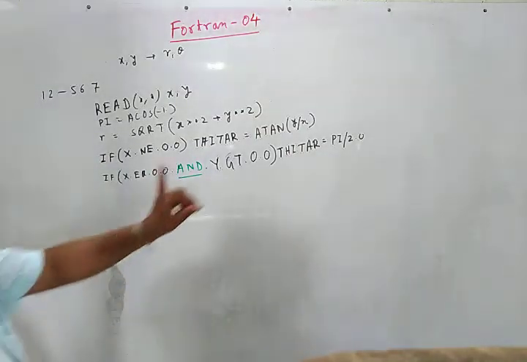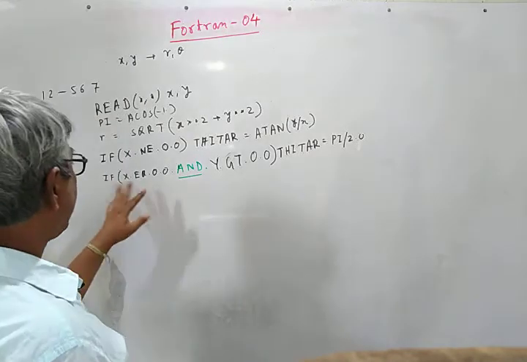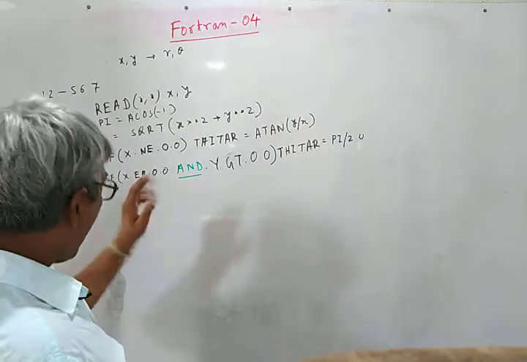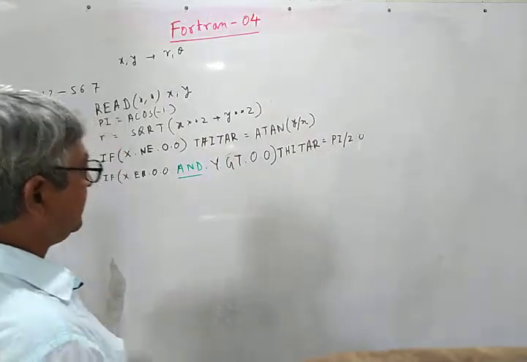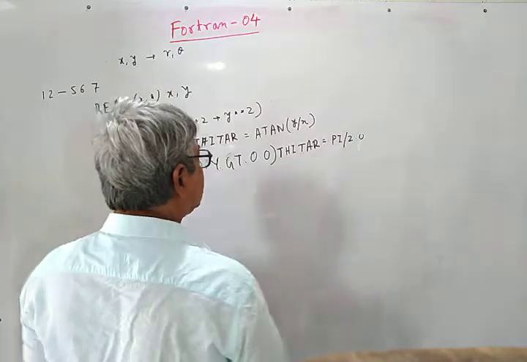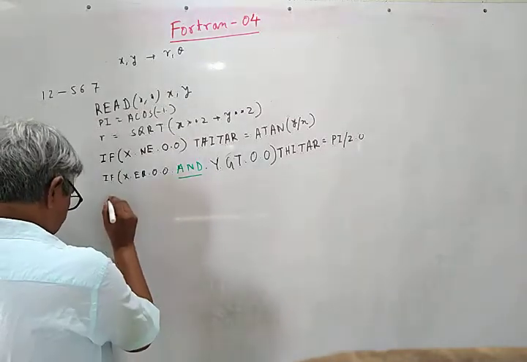So this line will be executed when x is equal to 0 and y is greater than 0. Then this is the definition of theta.